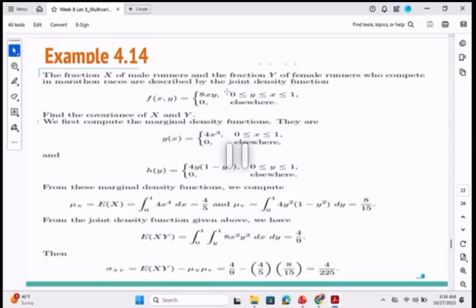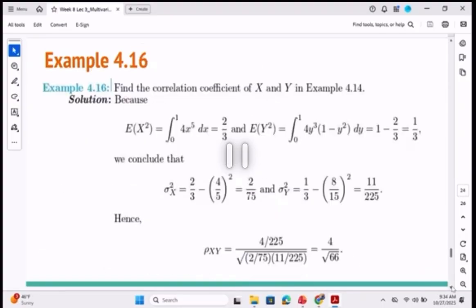The range of y is going to be between 0 and 1, not 0 and x. Because some of you were going to argue, oh, why not lie between 0 and x? But the general upper bound is what you're going to choose. And that was why you see this guy here. I got 4/9. The moment I get the expectation of the product, then the covariance is going to be easy. I'm just going to plug in this guy here, minus the mean of x times the mean of y. Then I got this as the covariance.